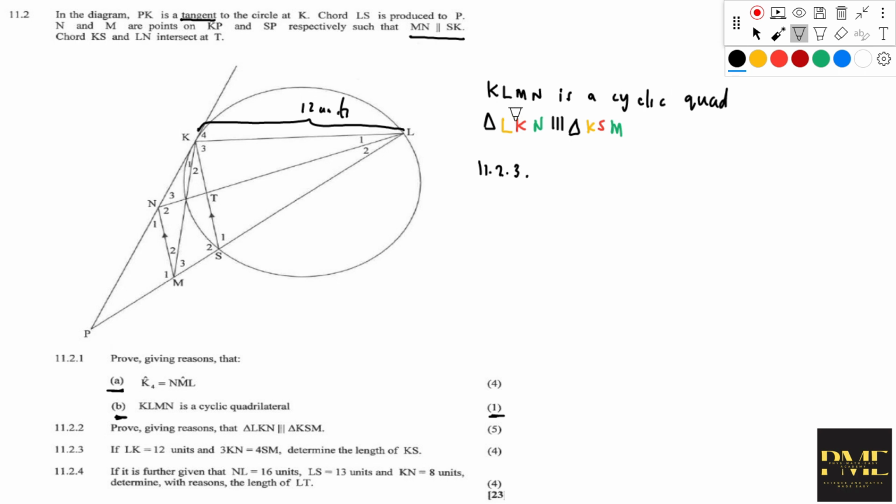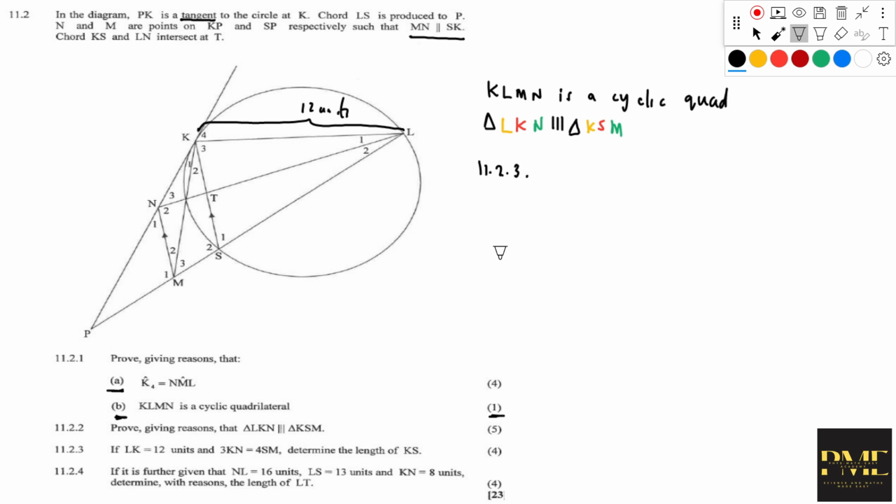What does that mean? It means that once you write your triangles correctly, you can therefore say LK over KN will be in proportion to KS. You see that yellow red over red green will be the same as yellow red over red green again. Or yellow green over red green will be equal to yellow green over red green again. This is the importance of writing it correctly, guys, in terms of the equality of angles, okay.